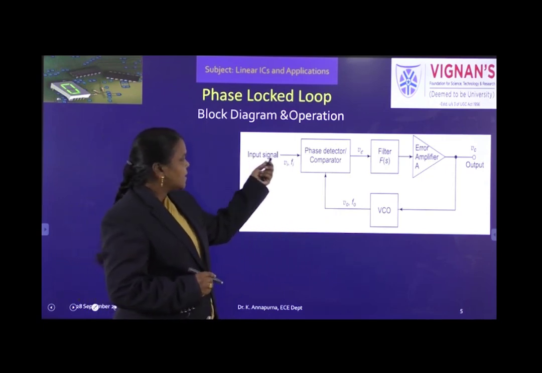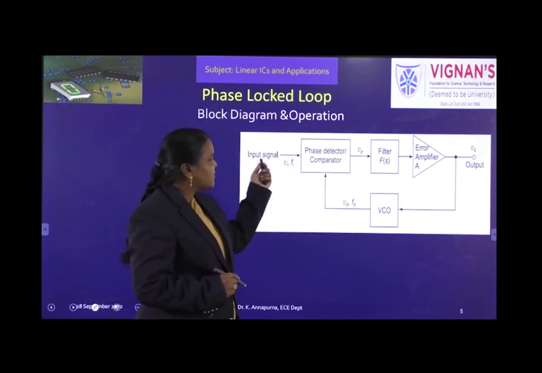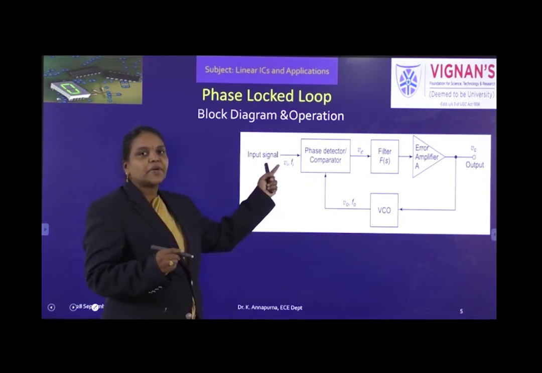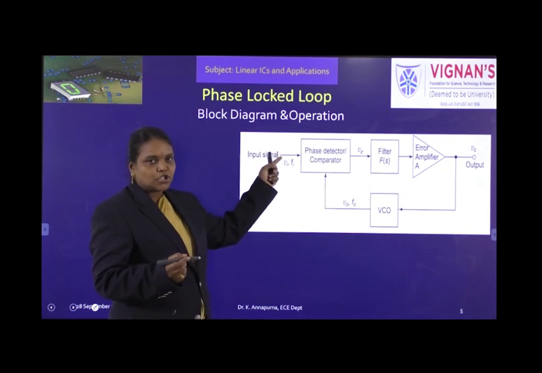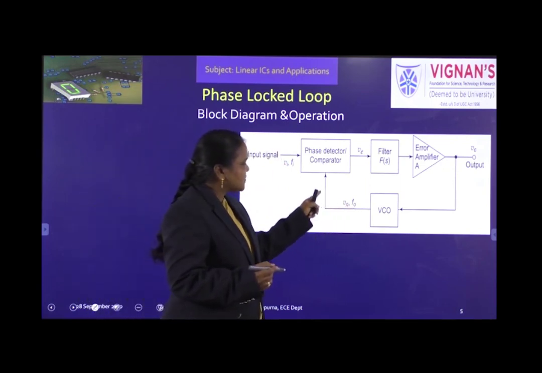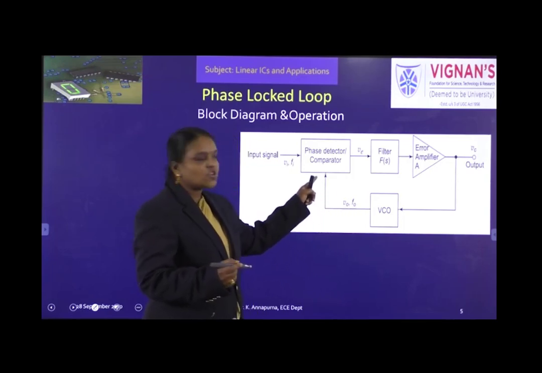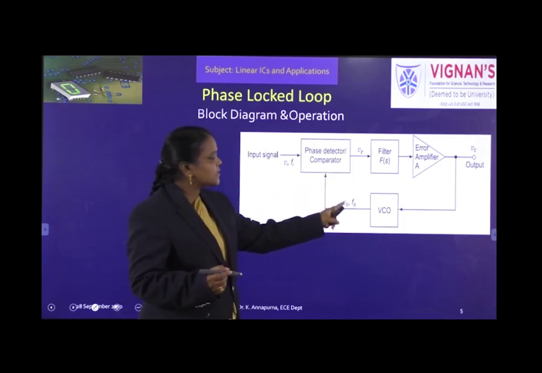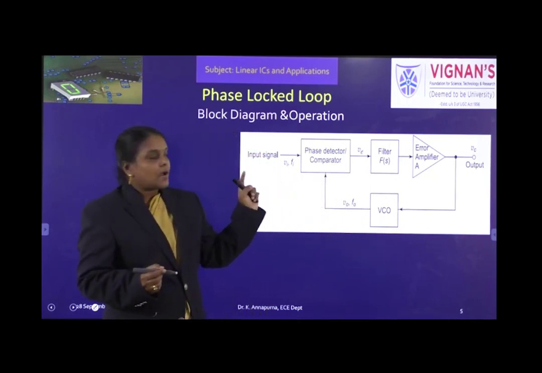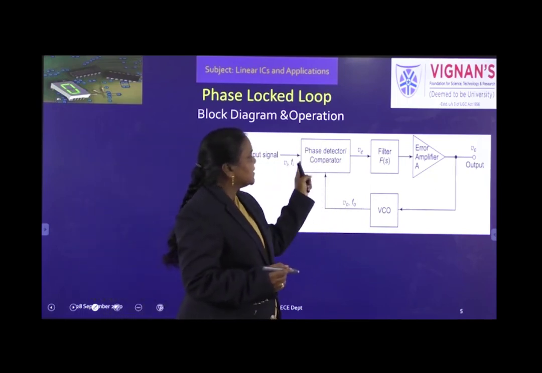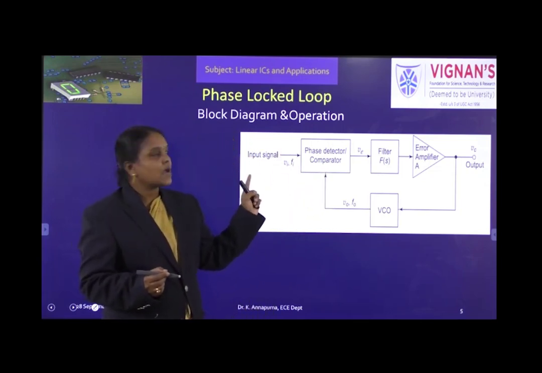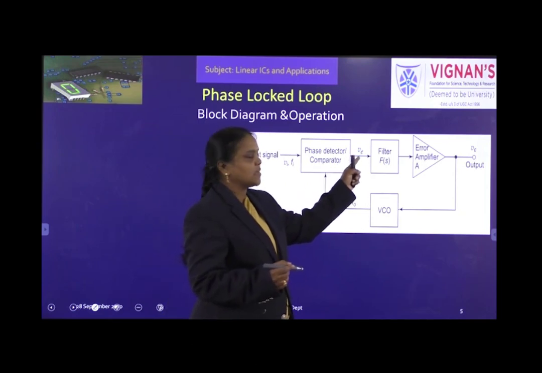Here the phase detector is supplied with 2 inputs: the input signal, that is the incoming signal, which in our applications is generally the modulated signal, and the local oscillator signal used for generation of carrier. This local oscillator will generate some carrier frequency, and the phase detector will compare these 2 frequencies and phases, and generate the error signal.